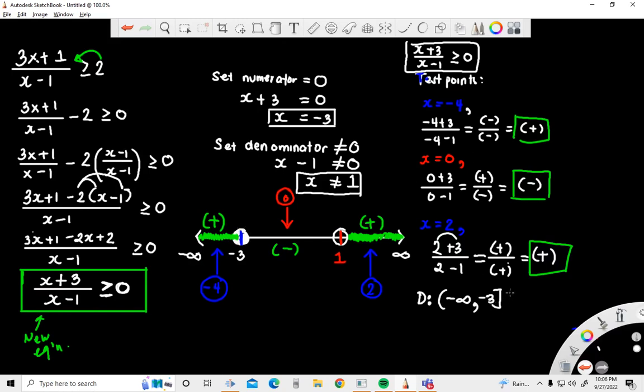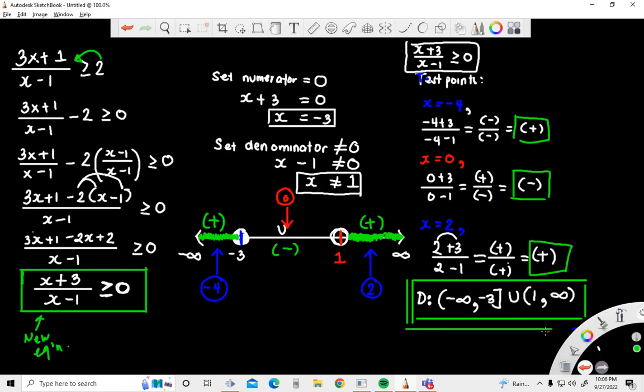Union, dahil merong space sa gitna dyan, we will be using union. Open parenthesis 1 up to positive infinity. Open parenthesis because 1 is not an including number. And this is our final answer in this particular problem.